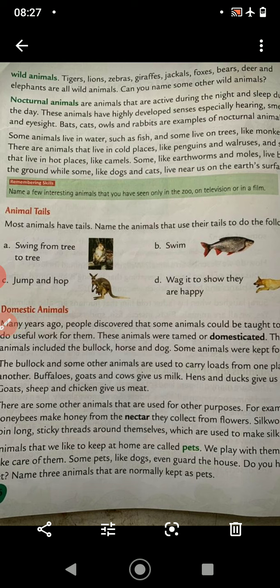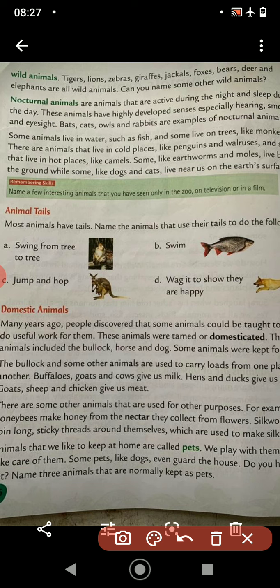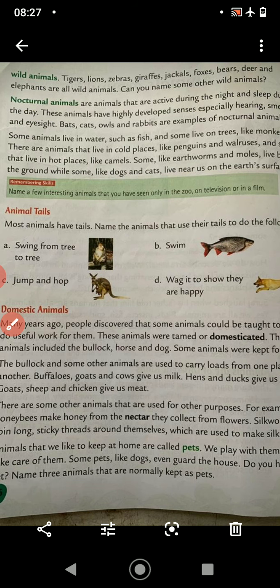Nocturnal animals, please underline, are animals that are active during the night and sleep during the day. Night means night.